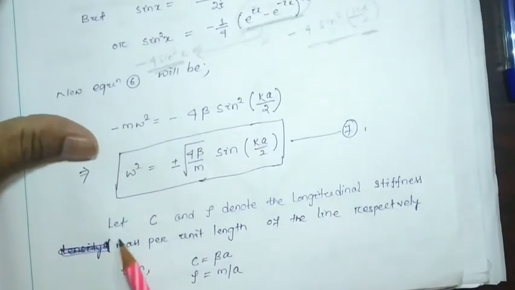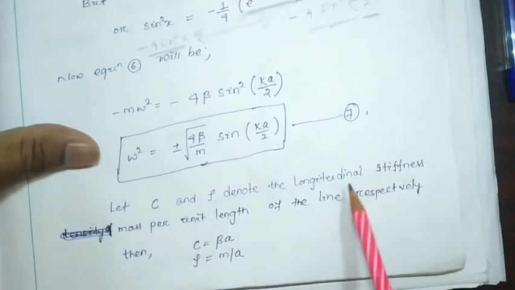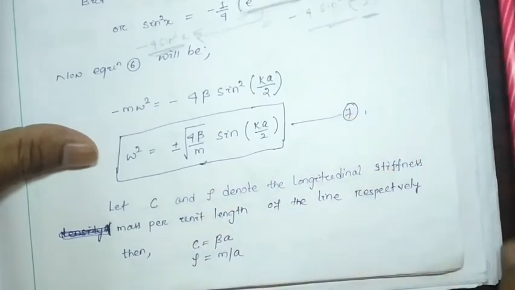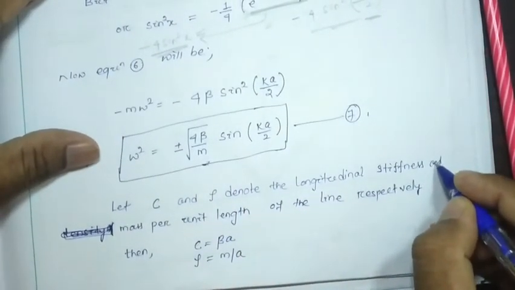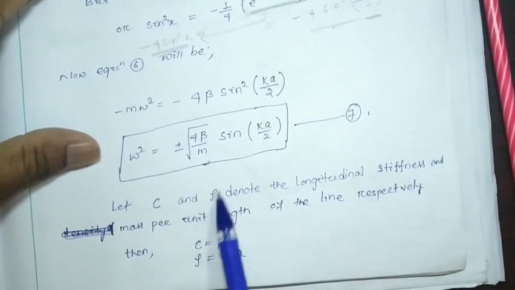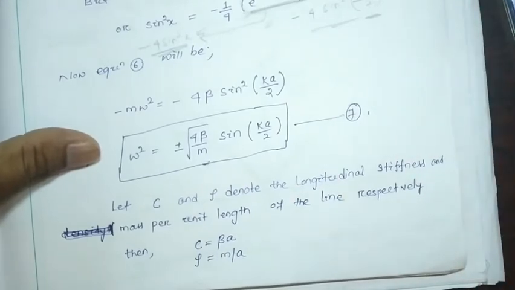Let C and rho denote the longitudinal stiffness and the mass per unit length of the line along which the atoms are situated.